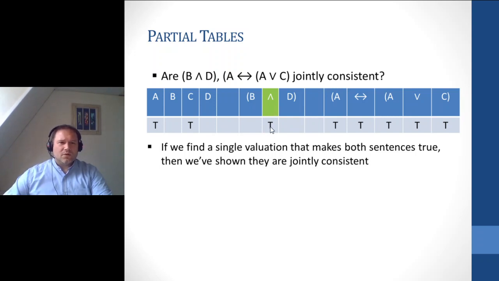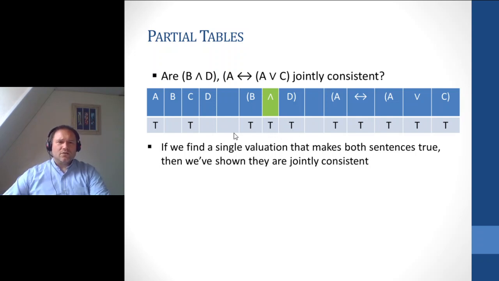So now the trick is, let's work backwards. When is a case when this is going to have the truth value true? Well, it's a conjunction. And we know that the only time a conjunction is true is when both conjuncts are true. So when is this sentence going to be true? When B is true and D is true.